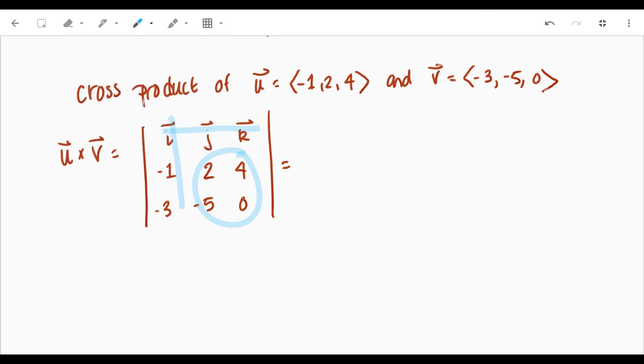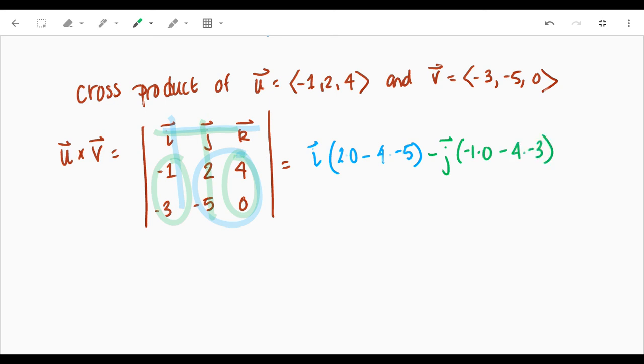So we're going to have I, oops, I missed my dot there, times 2 times 0 minus 4 times -5. And then remember, the next one will be subtraction. We'll have minus j times -1 times 0 minus 4 times -3. And then we will need to do plus next.